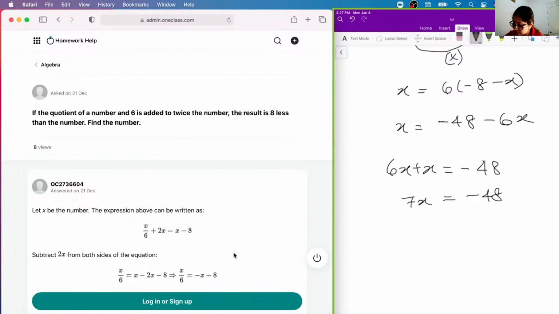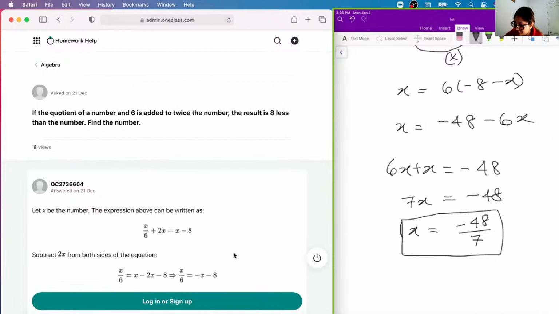Now this is just simple isolating of the variable. So x is equal to negative 48, and then the 7 goes to the other side and becomes division, so negative 48 over 7. Since you can't really evaluate this anymore, since 48 is not divisible by 7, we can just leave our answer like this.